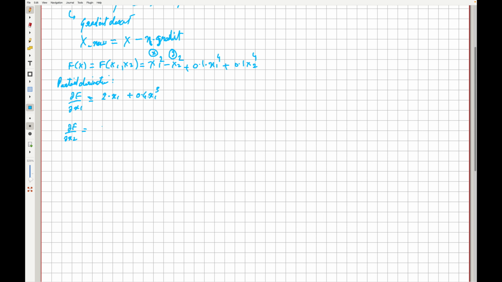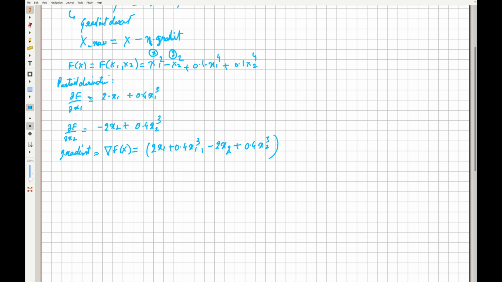The second term becomes minus 2x2 plus 0.4 x2 cube, and therefore our gradient is 2x1 plus 0.4 x1 cube, and the next value is minus 2x2 plus 0.4 x2 cube.